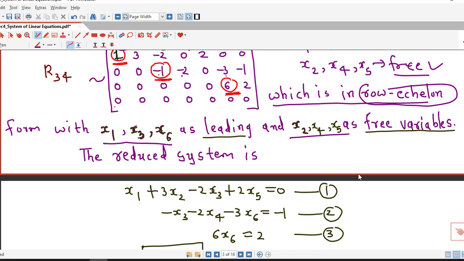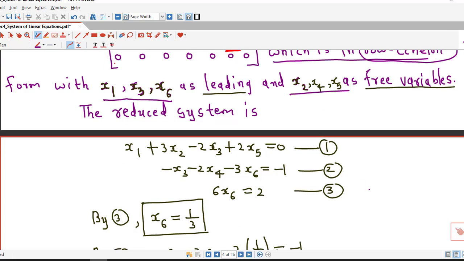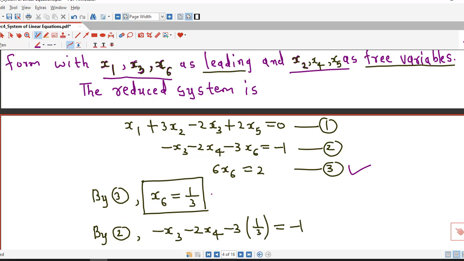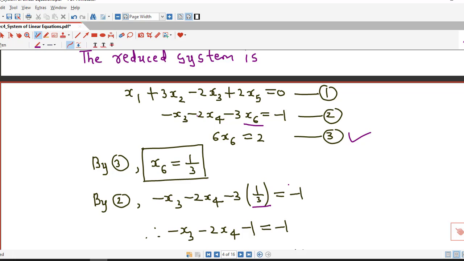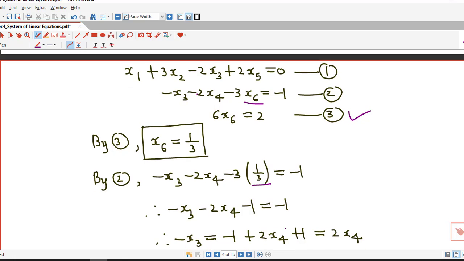Now we start from equation 3, back substitution. By equation 3 we obtain x6 equal to 1 by 3. Now we put the value of x6 in equation 2. So we obtain minus x3 minus 2x4 minus 3 into x6, which is 1 by 3, equal to minus 1. Therefore minus x3 minus 2x4 minus 1 equal to minus 1.